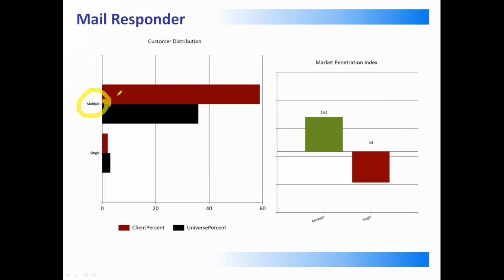Where more than one direct mail transaction occurs, it pings it as a multiple direct mail responder. In the case of Revolution's Bowling Center, fully 60% of the customers are multiple direct mail responders.